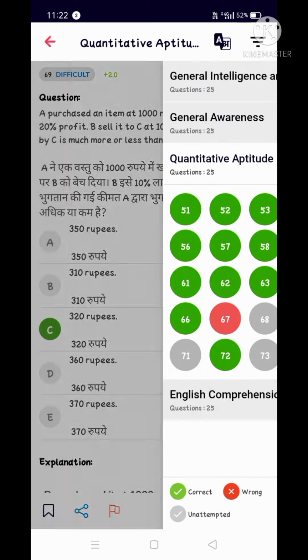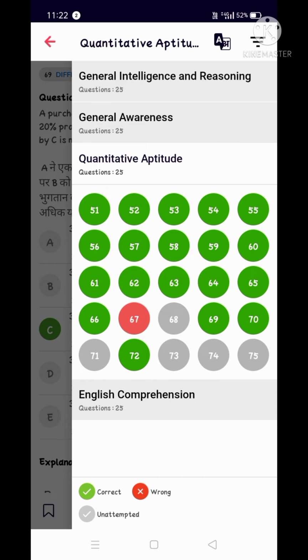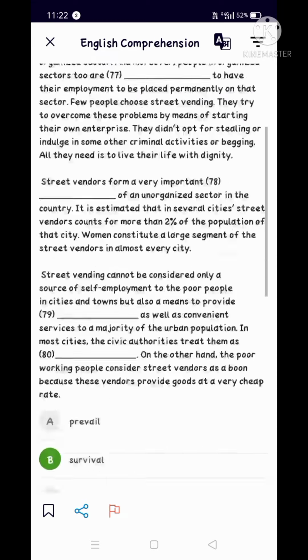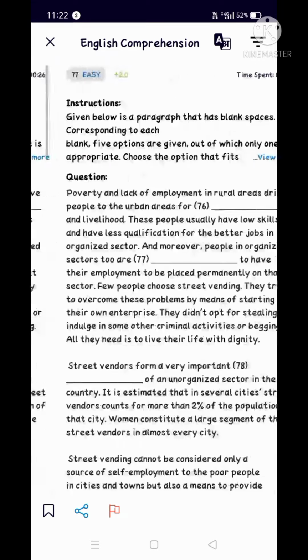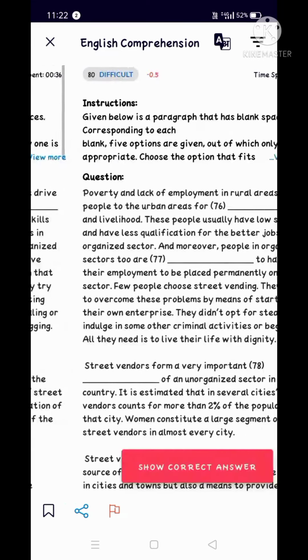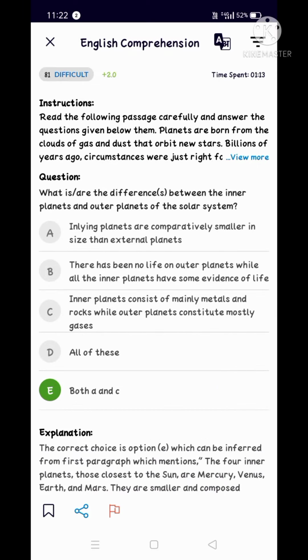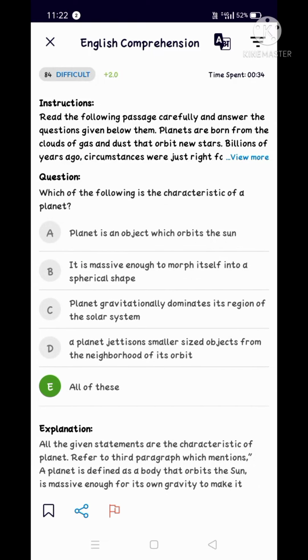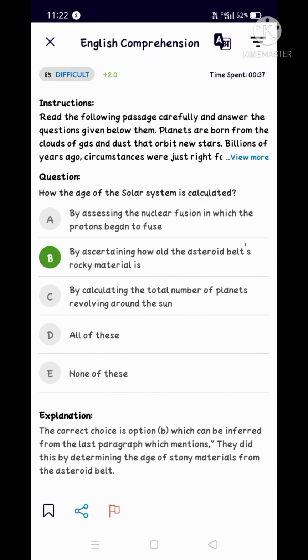And next, last but not the least, is the English comprehension portion, and here you see I attempted 25 questions, but 3 questions are wrong. In the English comprehension portion, questions were asked from cloze test, 5 to 6 questions coming from there. And next, RC, reading comprehension based questions, 5 to 6 questions coming from there.